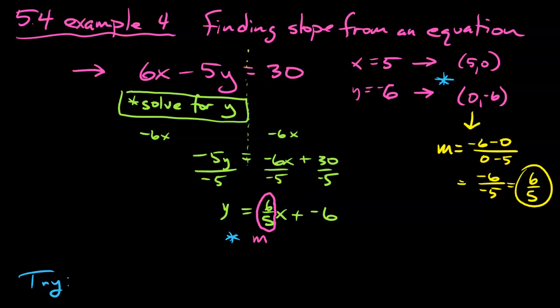So why don't you guys try to find the slope from the equation, oh, I already wrote it wrong, 2x plus 3y equals 12.